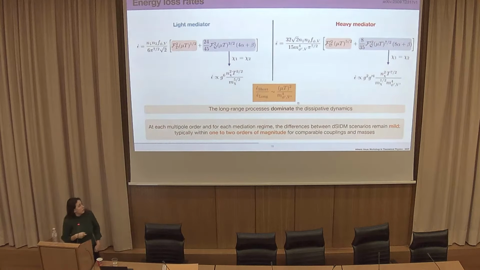Which is actually quite interesting, because it means that even though you start with quite different models, you end up with an energy loss rate that only depends on the mass to charge ratio of the dark matter model you started with, on the mediation regime, and on the velocity scaling of your halos that corresponds also to the temperature.